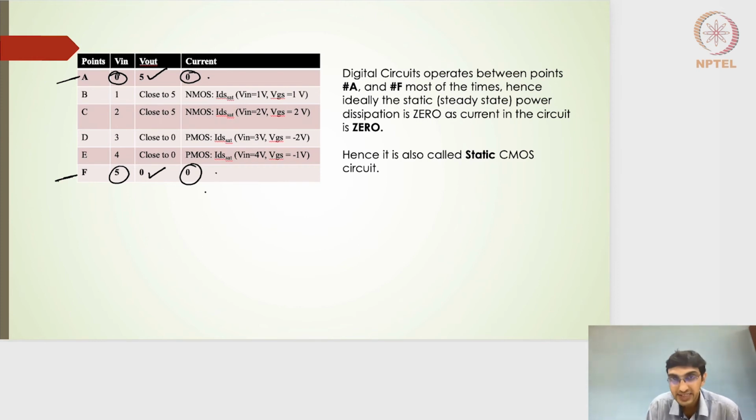So the CMOS based circuits, whether it is an inverter or a NAND gate or a NOR gate or any such combinational circuits, ideally the current is 0 in a steady state. Hence this particular topology, where the CMOS circuits or the combinational circuits are placed between the VDD and ground rails, we call the static CMOS circuit families, right?